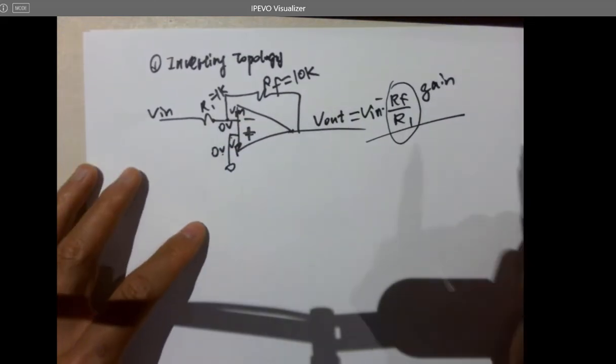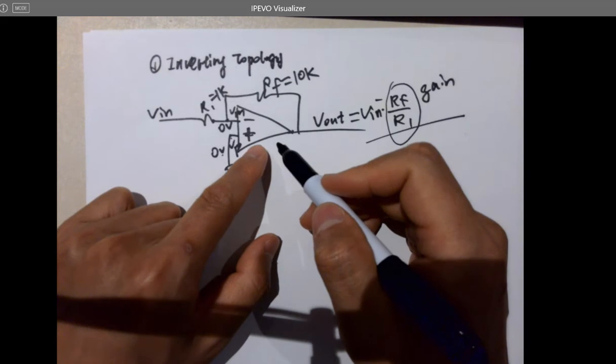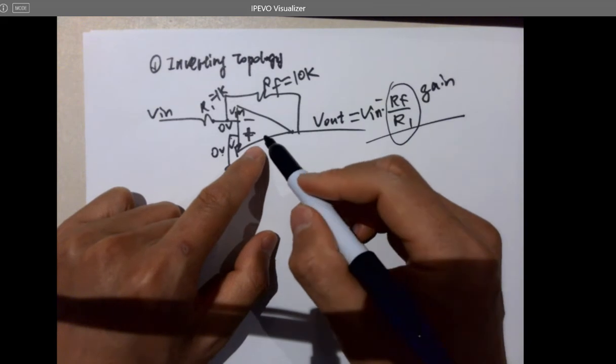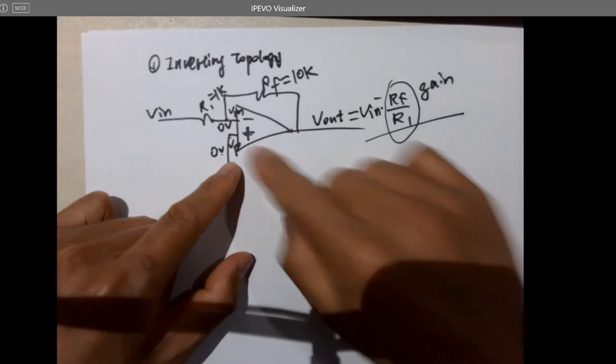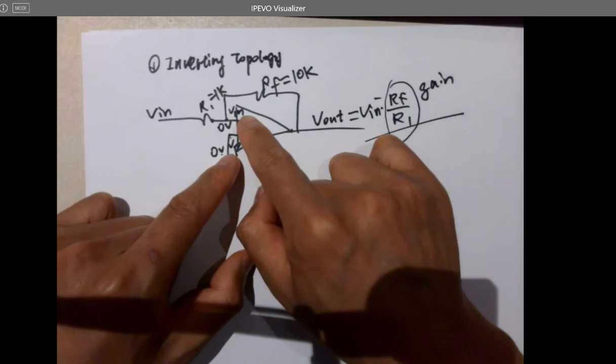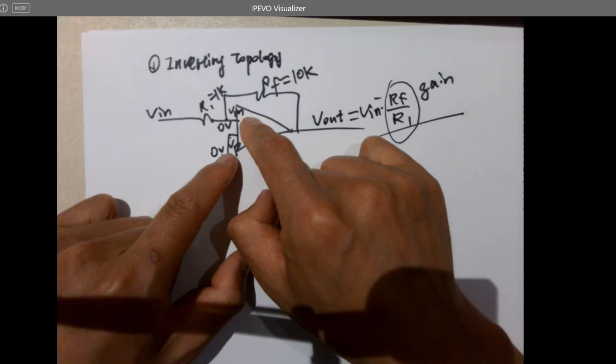So think about that. Because of the open loop gain of this guy, it is still amplifying that difference. So VP minus VM, if this VP is a little bit larger than VM, what's going to happen?